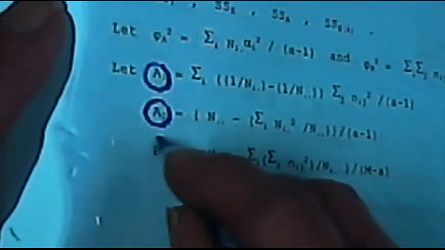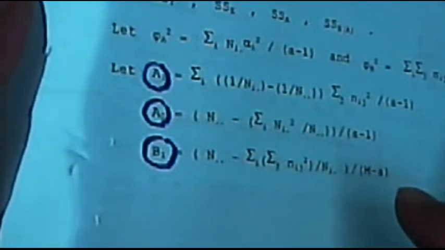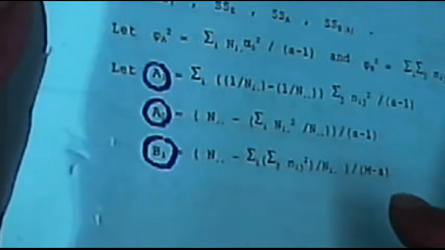And then here's another constant, B1. Again, it involves the sample sizes in various ways. The formulas are a little messy to look at, but we can loosely say A1, A2, and B1 are constants dependent on the sample sizes.